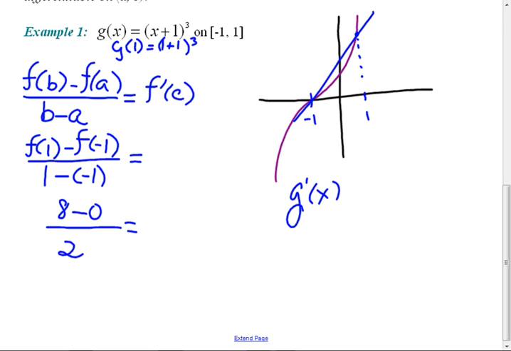It is 4, but what is it using calculus? 3 times (x plus 1) to the second, times the derivative of the inside function, which is 1. So that's what has to equal 4. So this is going to be, if you want me to use x or c, it doesn't matter.